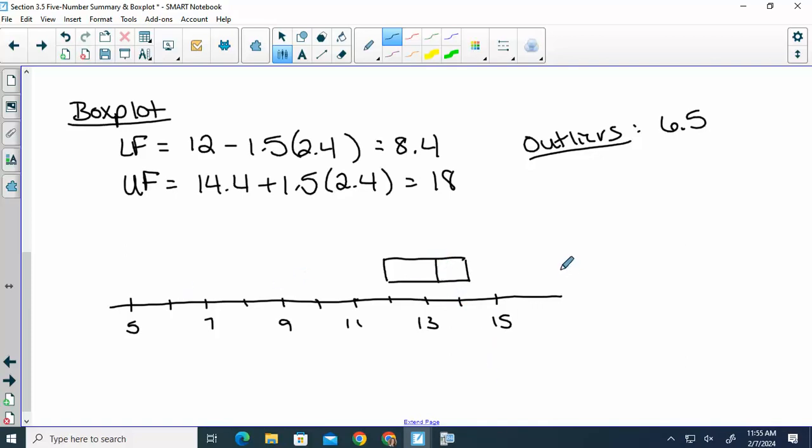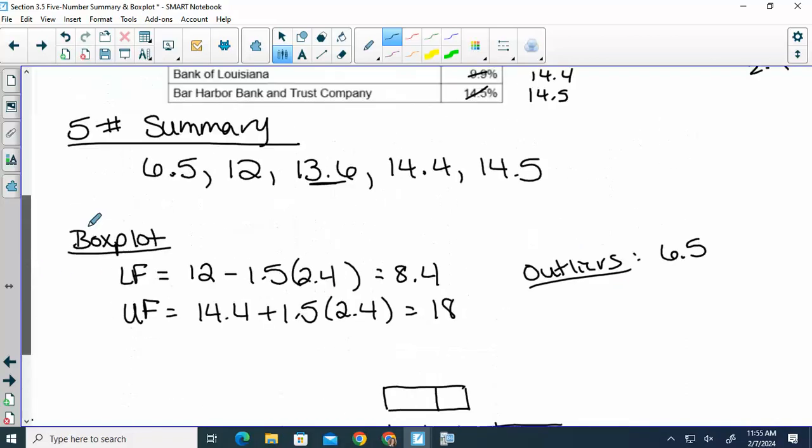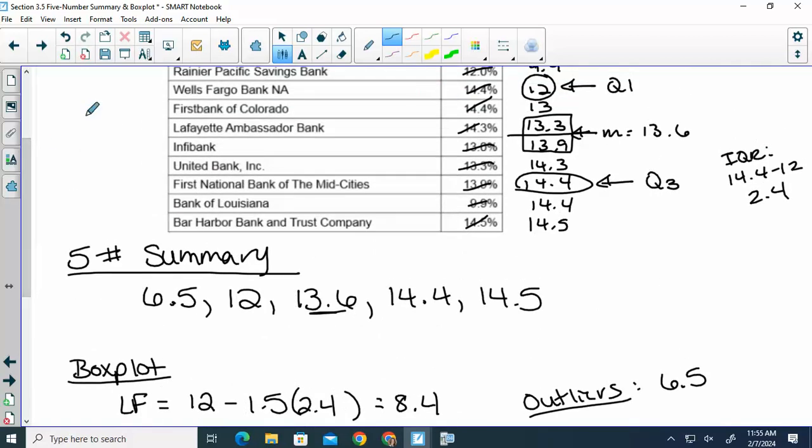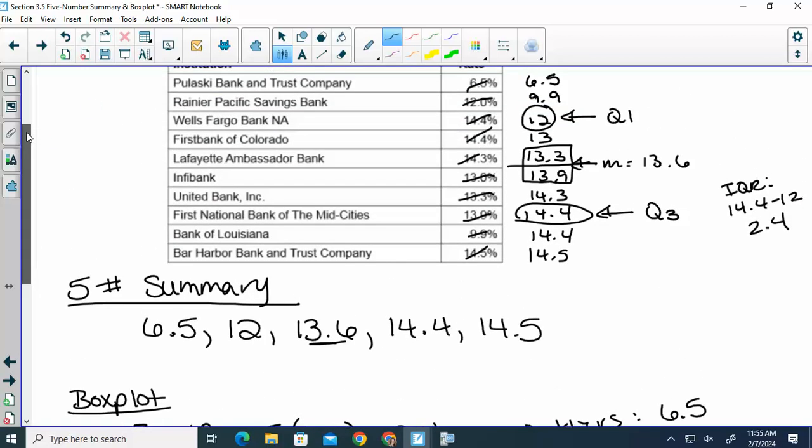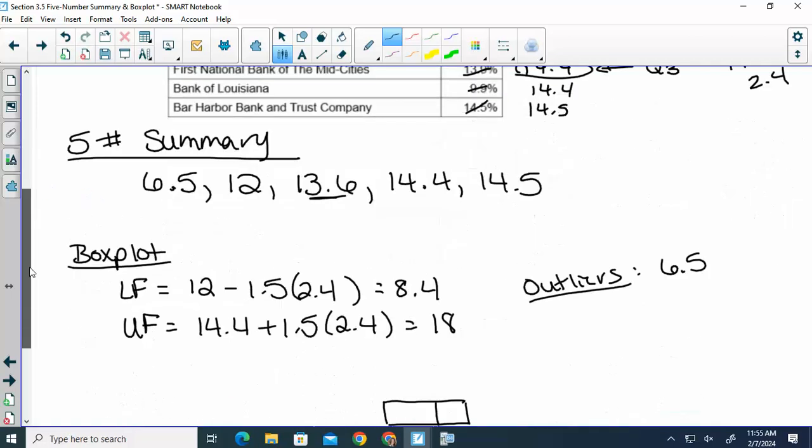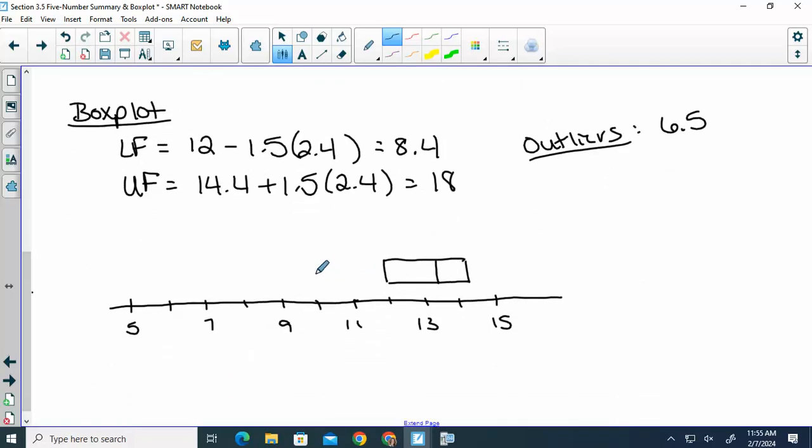Okay, the whiskers go down to the maximum and minimum value as long as they are not outliers. So I know 6.5 is an outlier. My line goes down to the smallest point that is not an outlier, which would be 9.9. And then my maximum point was 14.5, and that was not an outlier.